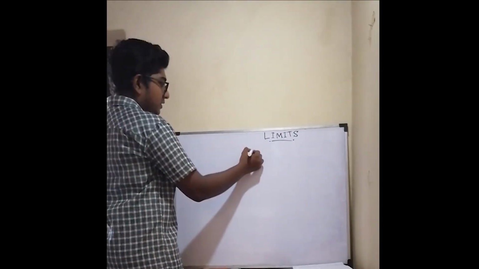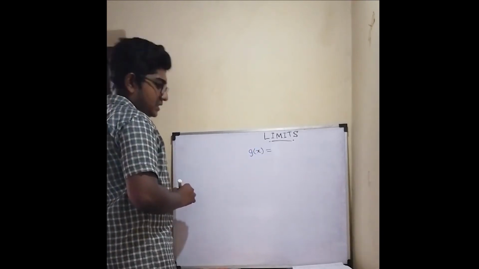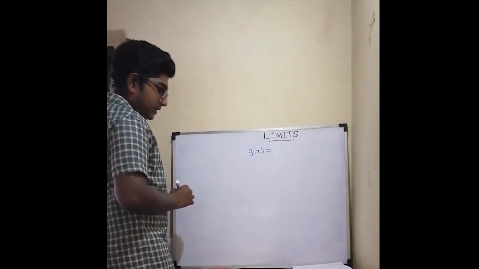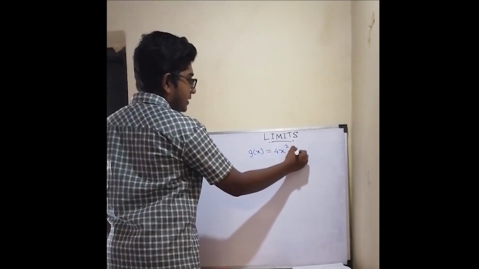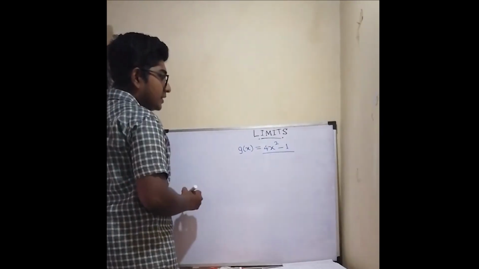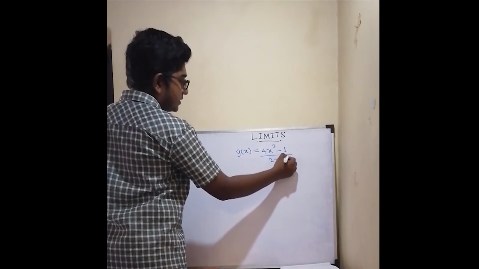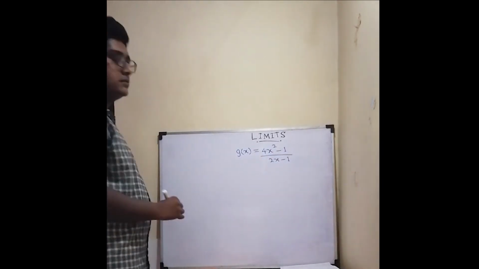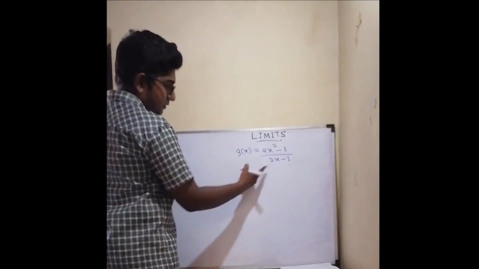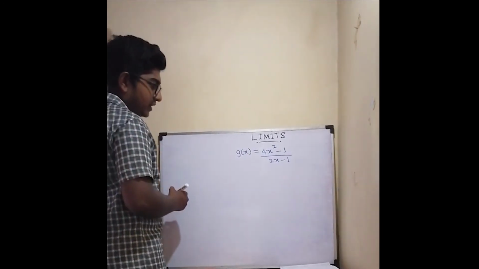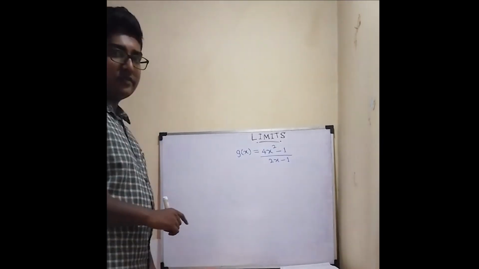Okay. Let us discuss another example, g of x equals 4x squared minus 1 divided by 2x minus 1. We can see this function g of x is not defined when x equals half.